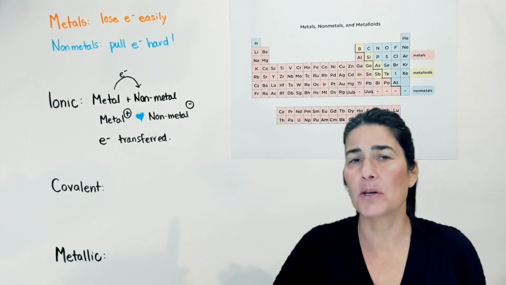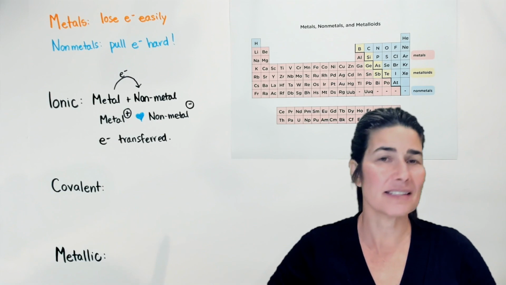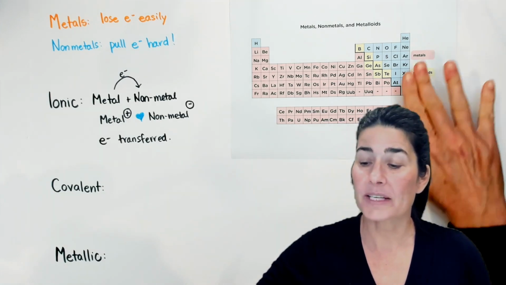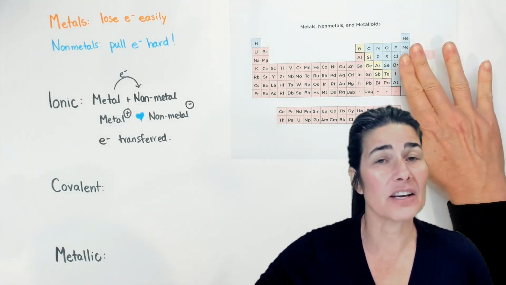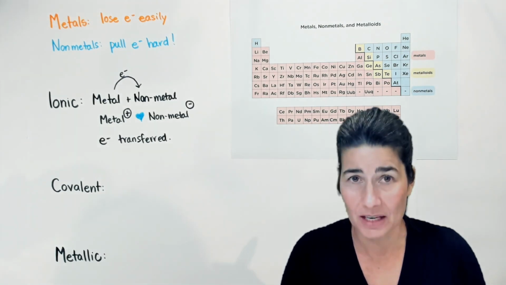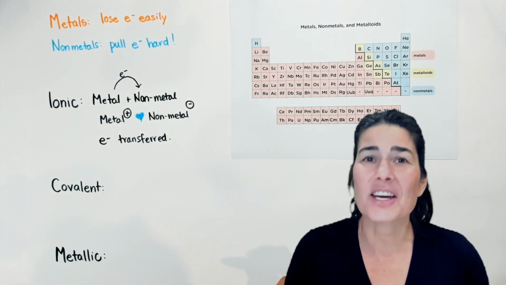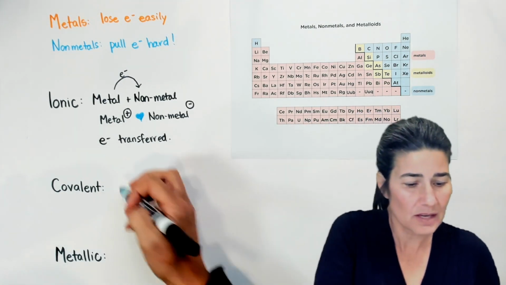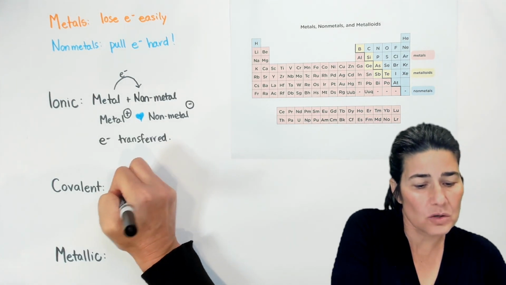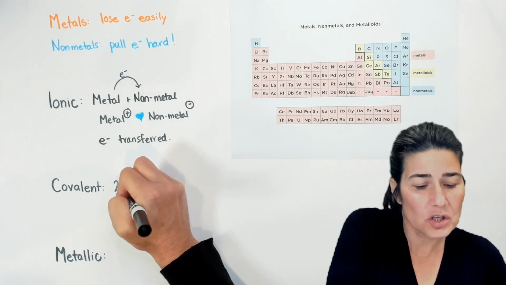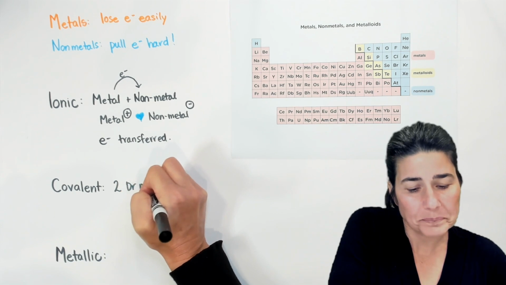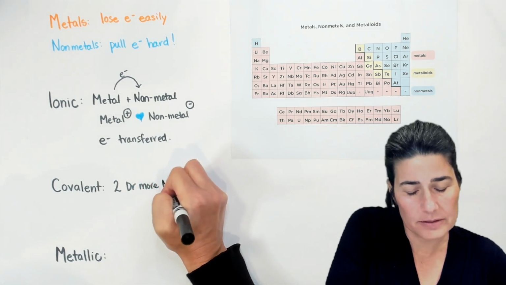What happens if you take things on the same side, same type of elements? For example, what if we combine two or more nonmetals? Well, that's when we get covalent compounds. So covalent compounds usually occur between two or more nonmetals.